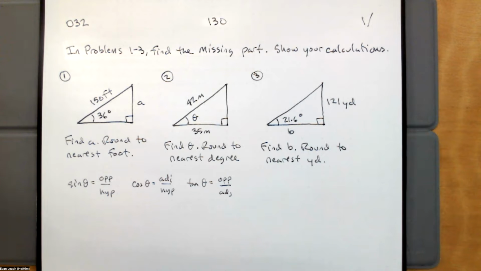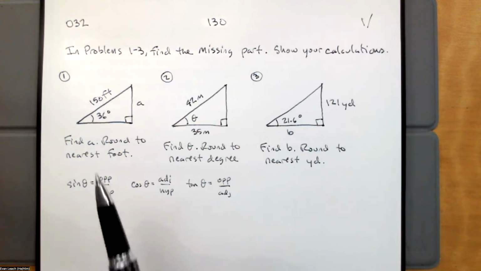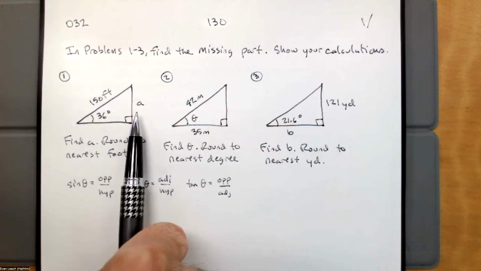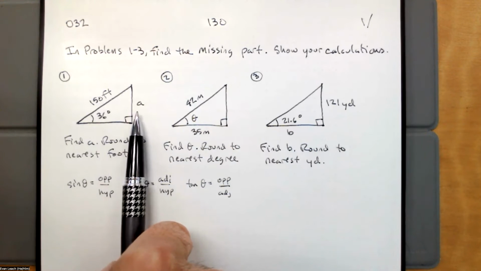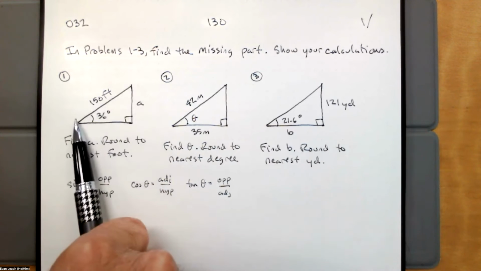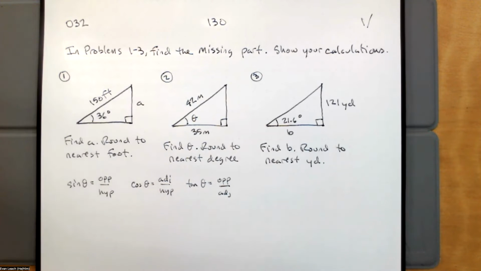All right, let's take a look at this first problem. Here's my triangle. We want to find the side that I labeled A, and we're given this angle, 36, and we're given this 150 feet. So we want to identify what we're looking for, and then we want to identify what we're given.